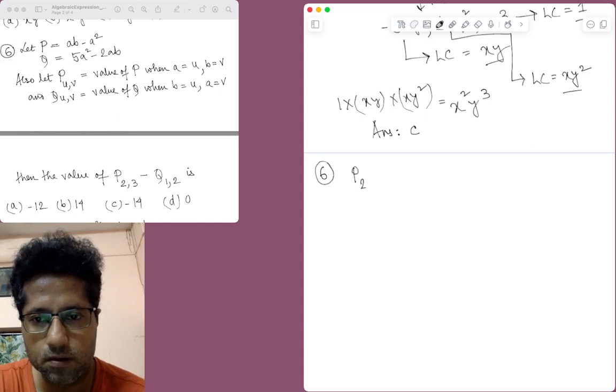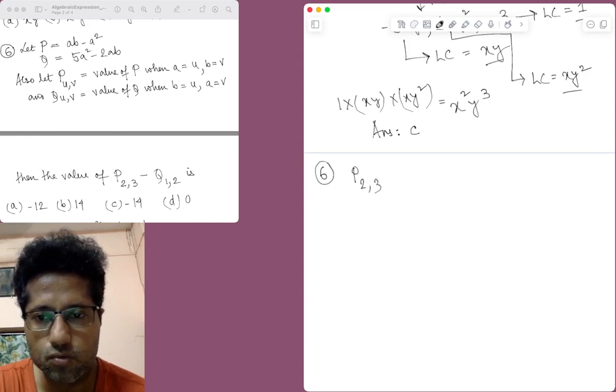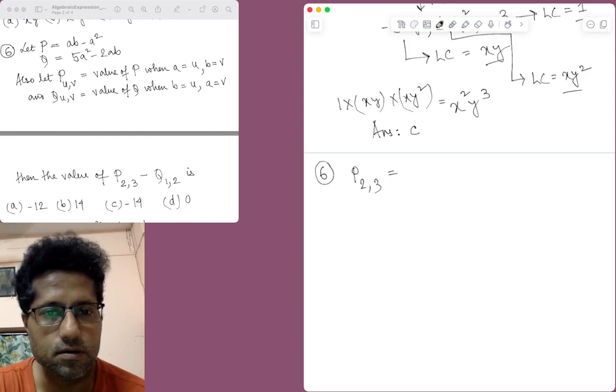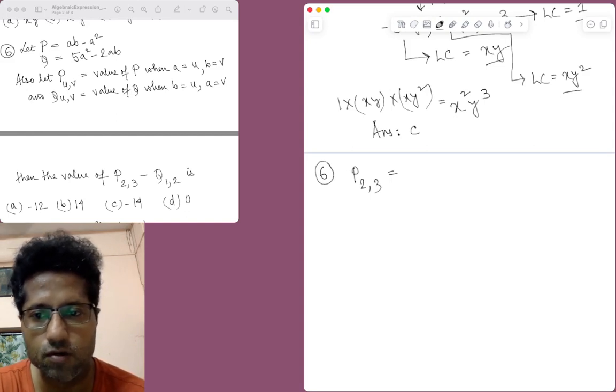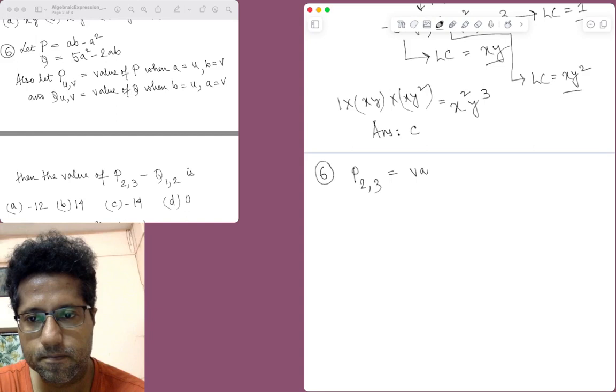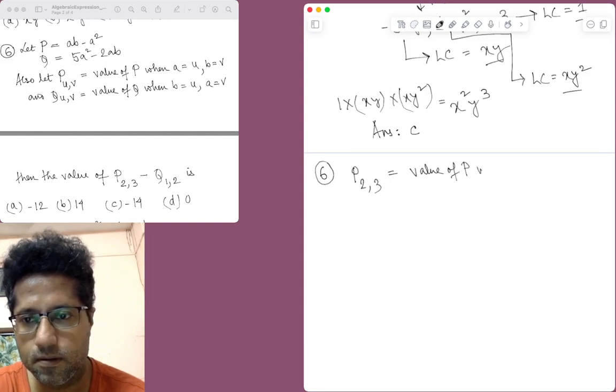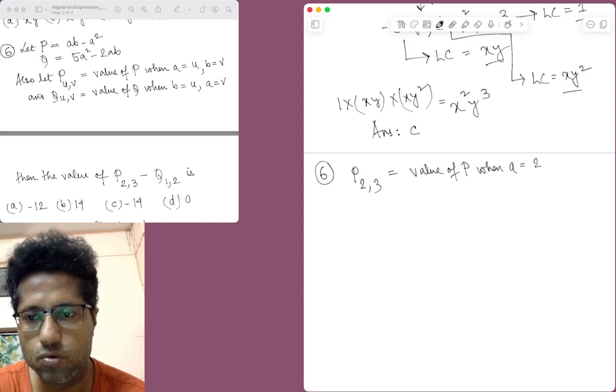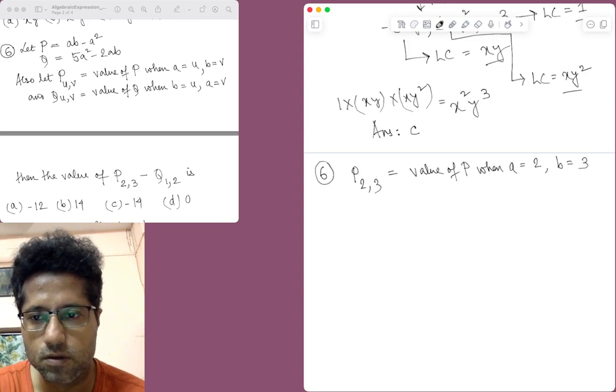So as per the given notation, how do we find p(2, 3)? It is the value of p when a equals 2 and b equals 3.